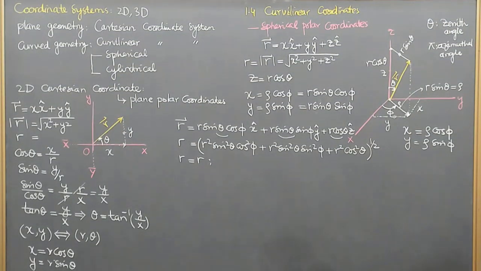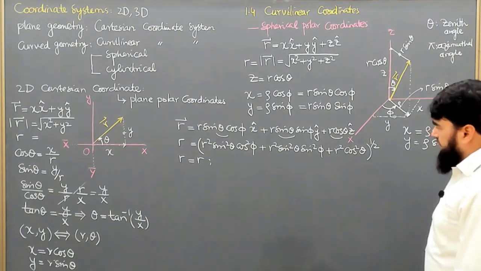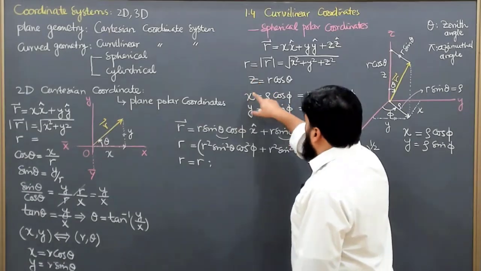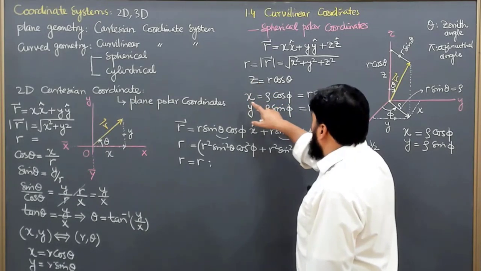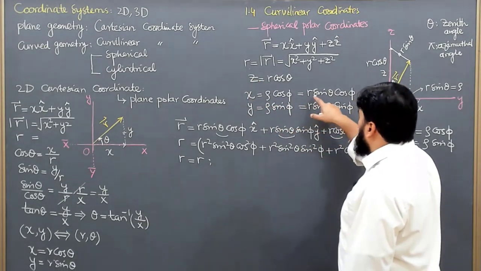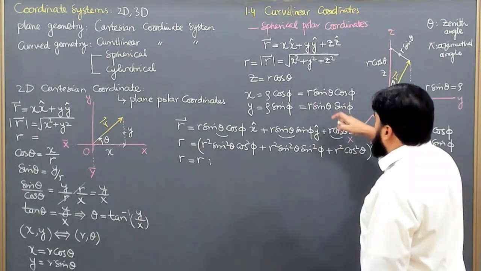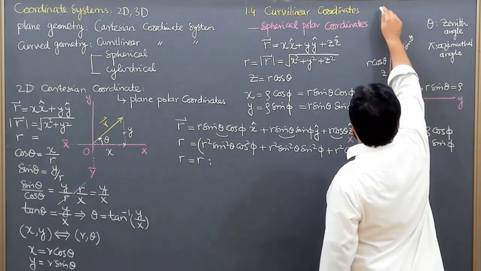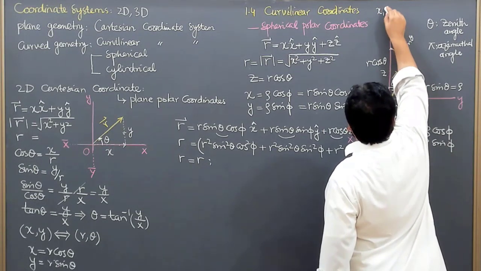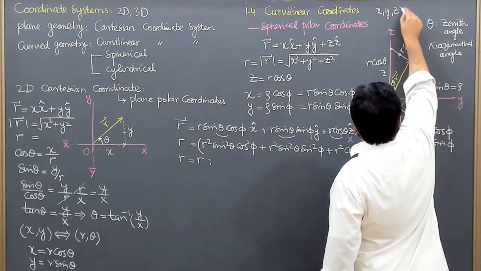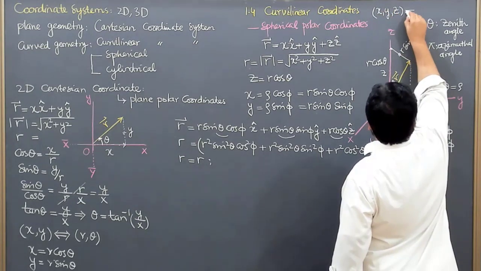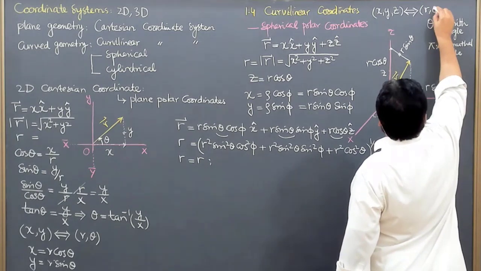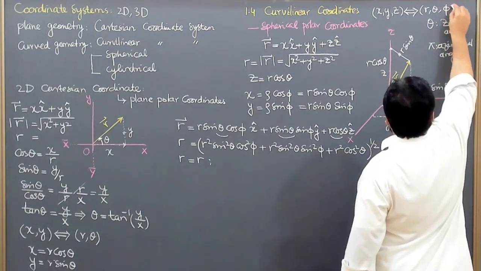Similarly, we have converted from here the x components into the polar components. Here we are having x, y and z, and we converted them into r, theta and phi here.